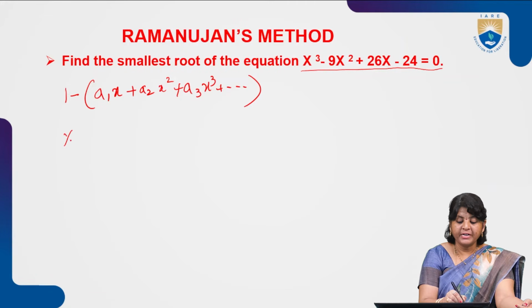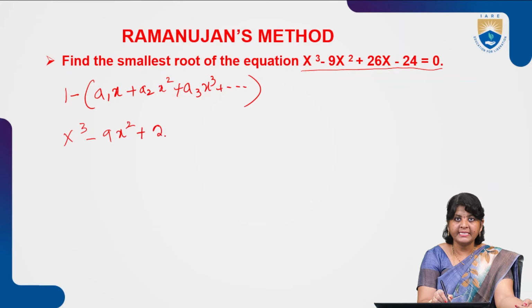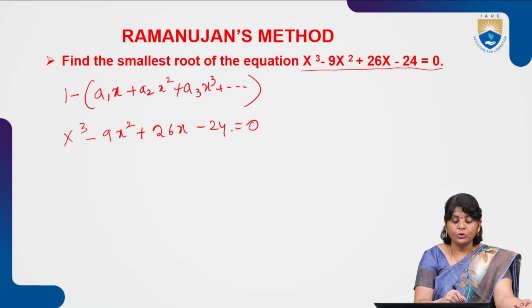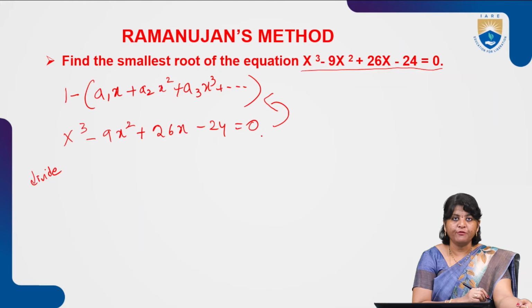So the given function is x cube minus 9x square plus 26x minus 24 is equal to 0. How to convert this into this particular format? Divide the entire equation by minus 24.